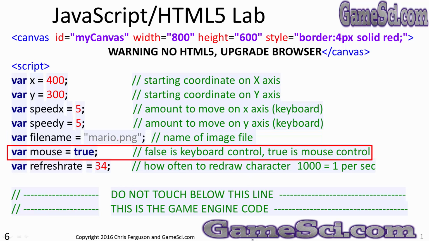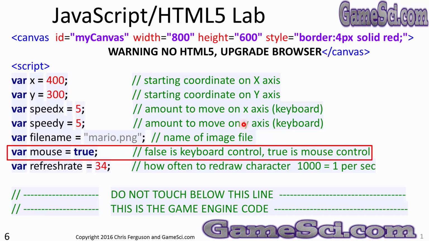Var mouse equals true. This is what we call a Boolean variable. File name was a string variable. Speed X, speed Y were integer variables or number variables. But mouse is a Boolean variable. We can assign it true or false. When mouse is set to true, we're going to use the mouse to control our character.